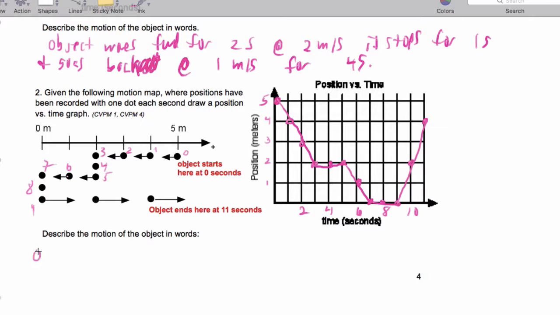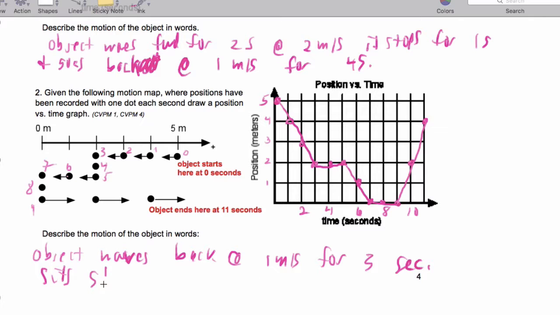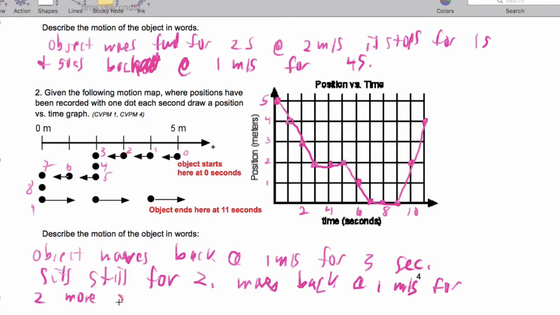The object moves back at 1 meter per second for 3 seconds, sits still for 2 seconds, moves back at 1 meter per second for 2 more seconds.